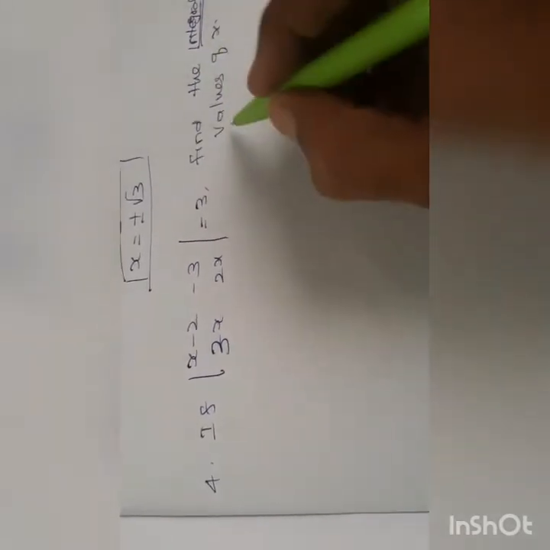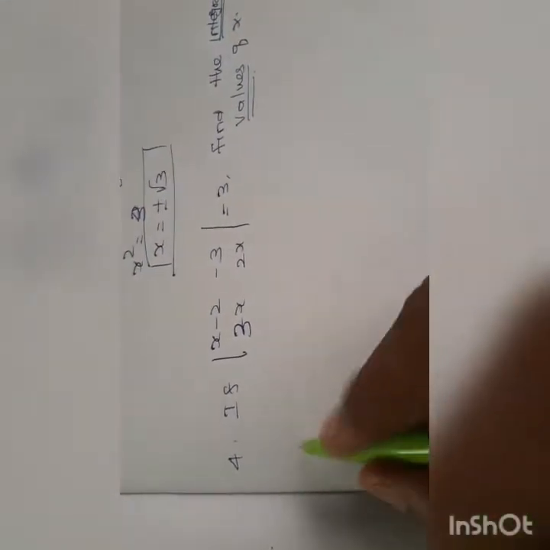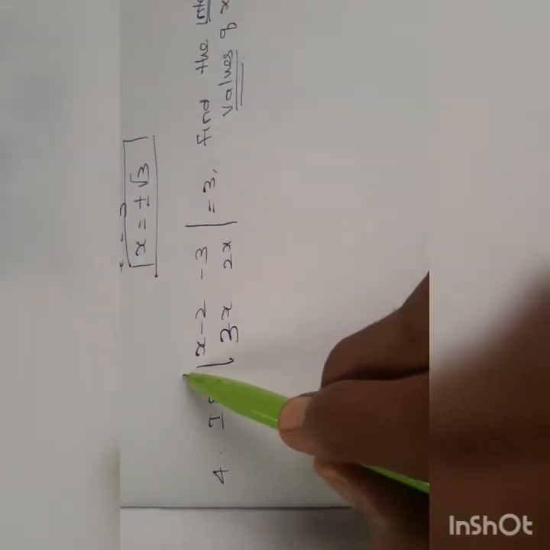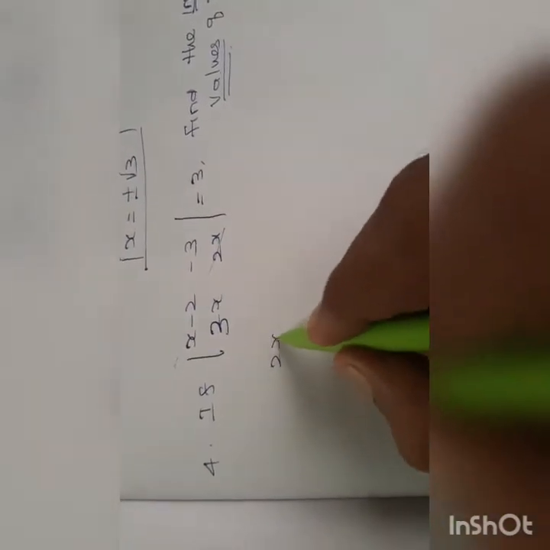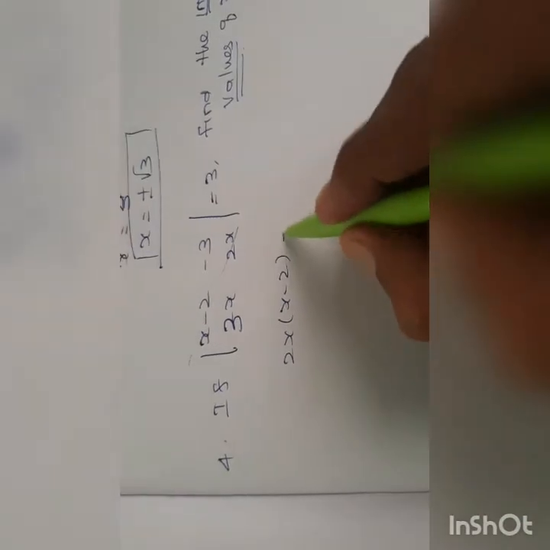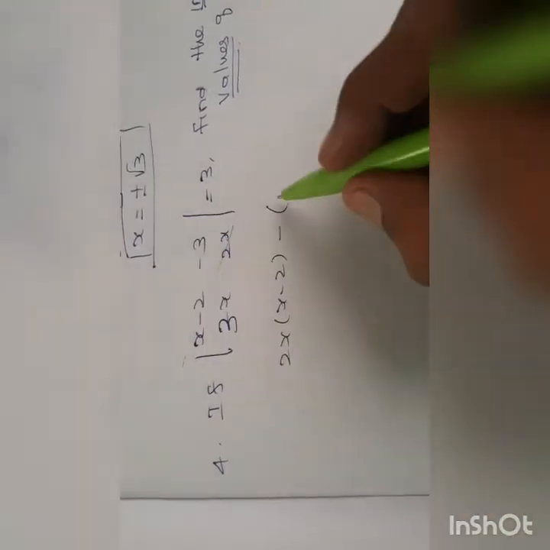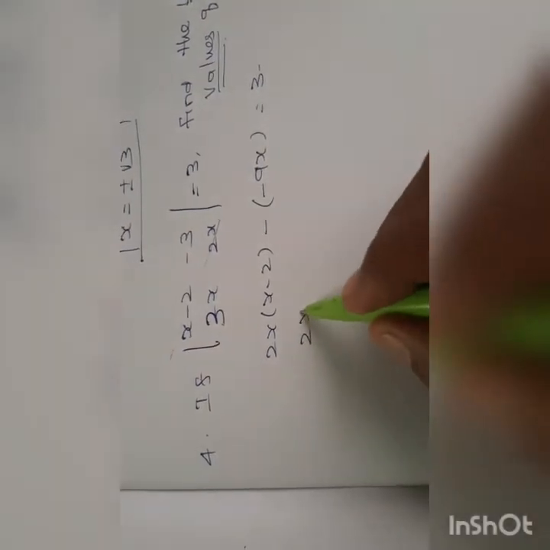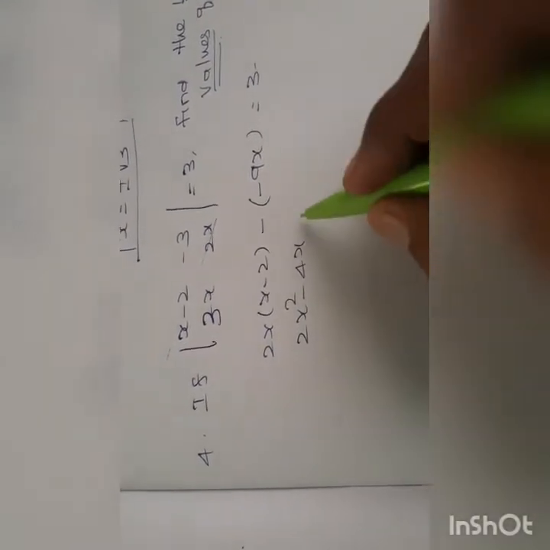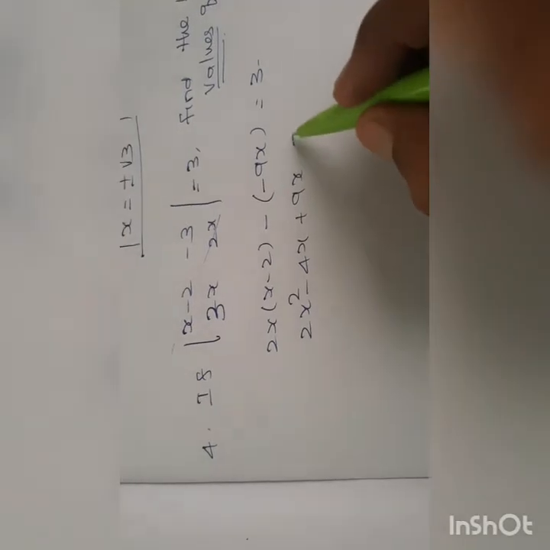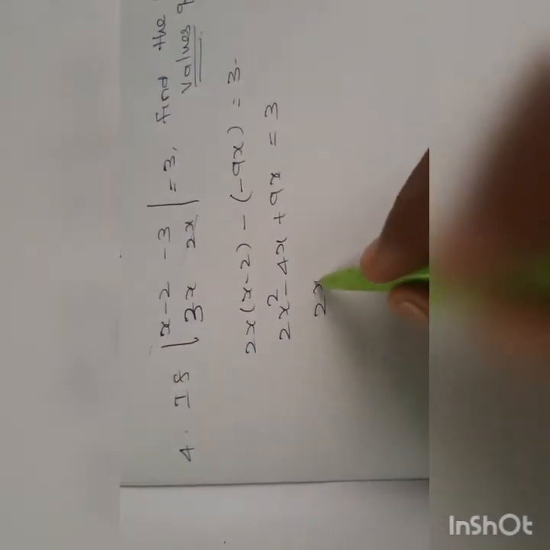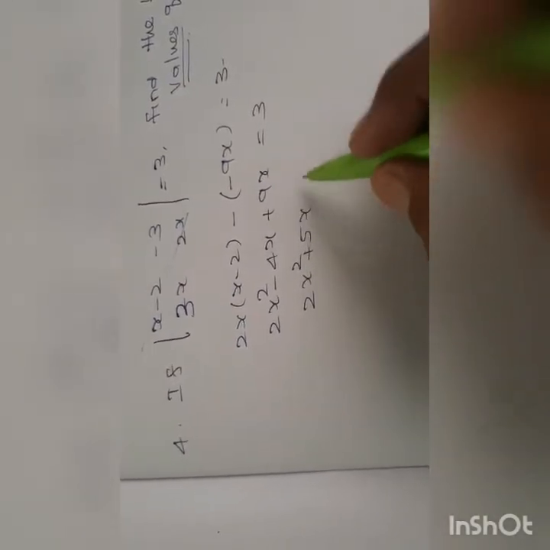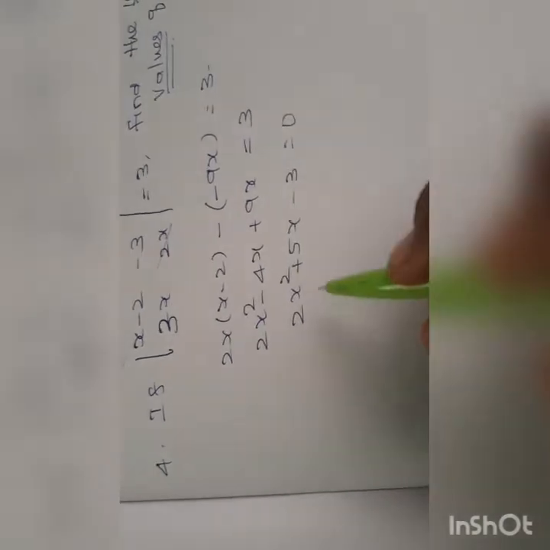Integral value is nothing but whole numbers. How to multiply these values? Multiply 2x into x minus 2, put a minus sign and multiply the other values. So we are getting 9x equal to 3. So 2x square minus 4x plus 9x is equal to 3, or 2x square plus 5x minus 3 equal to 0, splitting the middle term.